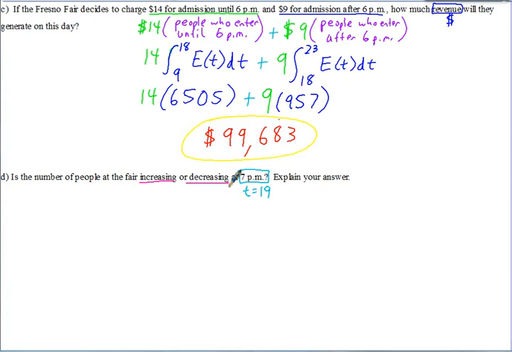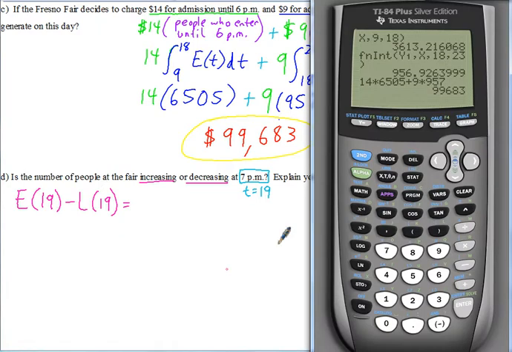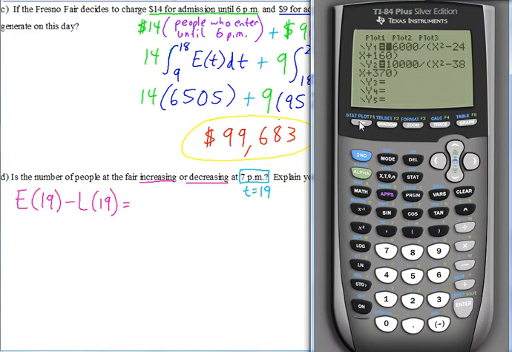That accounts for the rate people are entering and leaving. We just want it at one specific time, so really all we need to calculate is E of 19 minus L of 19. That'll give us a derivative right at that time. So the way to do this on the 84, you just go to y equals. I'm going to de-highlight these two, so they're still in our calculator but not active.